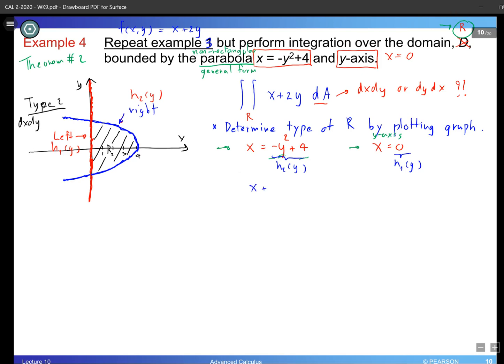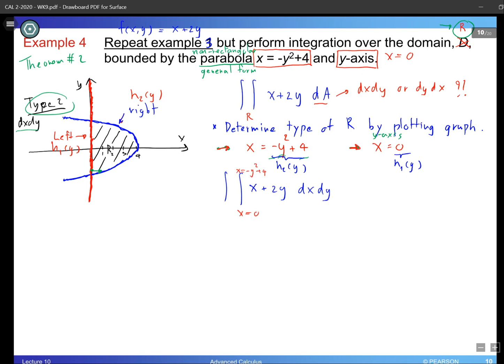At this point we know it's going to be dx dy because we see a type 2 region. With the same rule that we follow every time, we integrate between two curves, from the left curve to the right curve, so from h1 of y to h2 of y. From h1 of y, which is x equal to 0, to h2 of y, which is x equal to minus y squared plus 4.